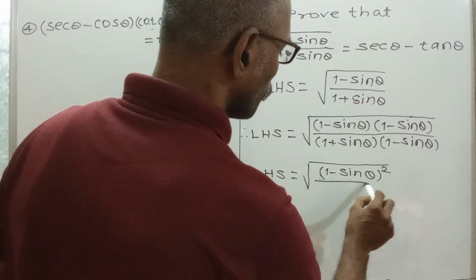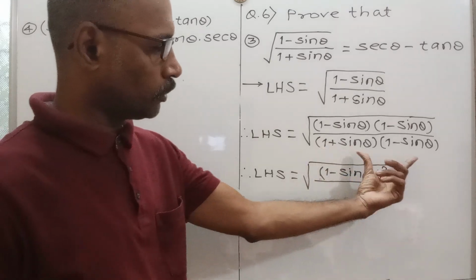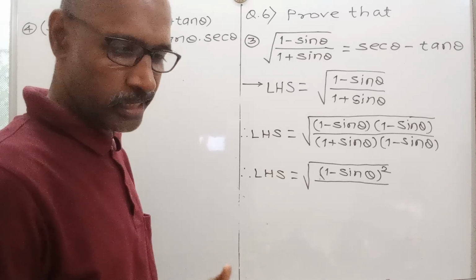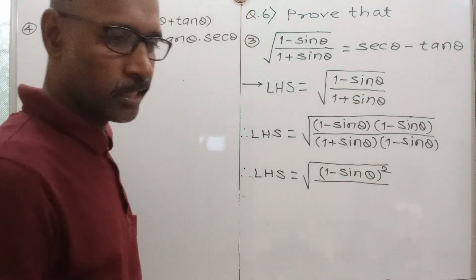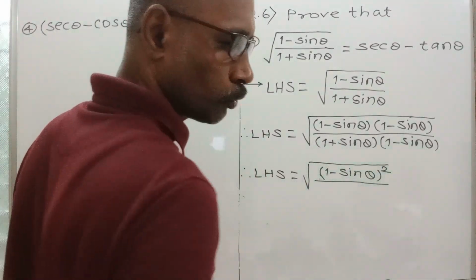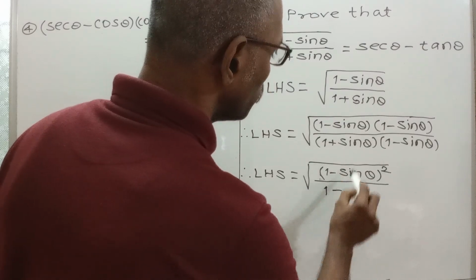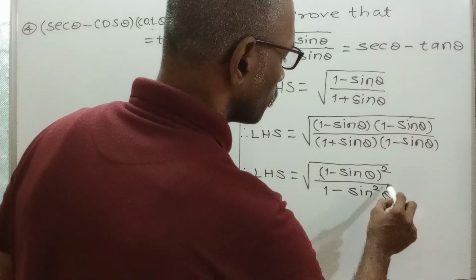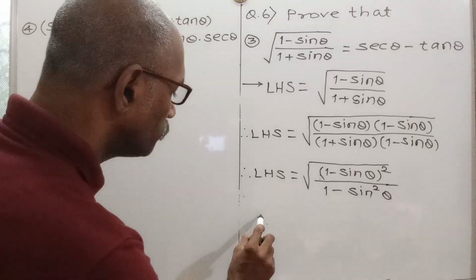Now you know the identity A plus B into A minus B, which means A square minus B square. Same here, 1 plus sin theta into 1 minus sin theta means 1 square minus sin square theta. Did you understand?